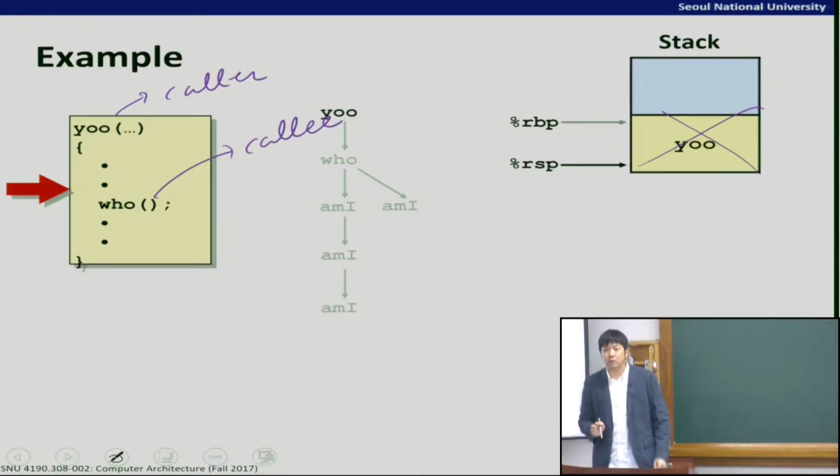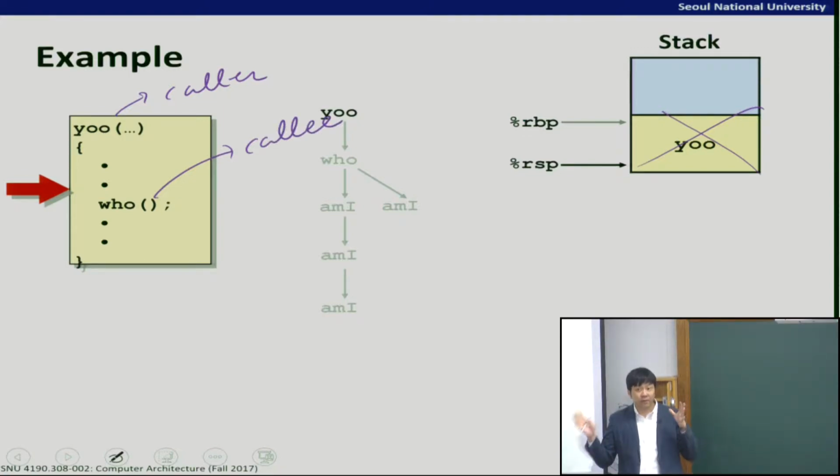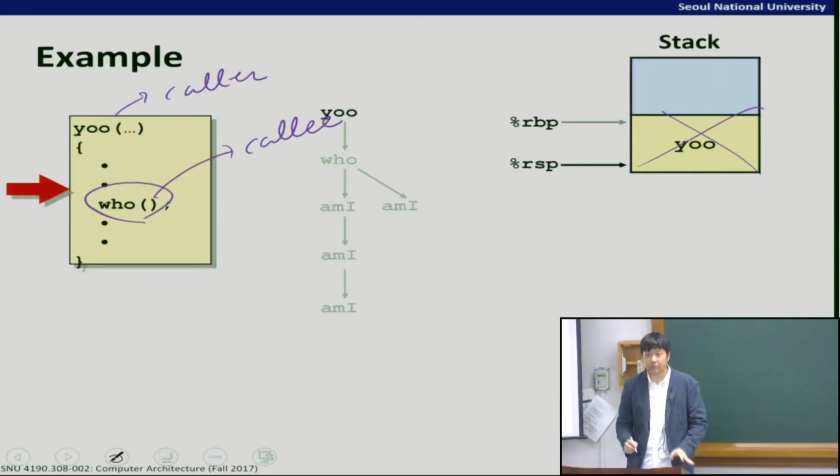But note that caller and callee are very relative terms, right? In other words, this who function is the callee of function U, but it is also the caller to function mi. So it's both a caller and a callee, and their relationships are very relative.